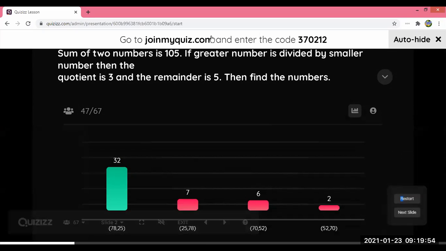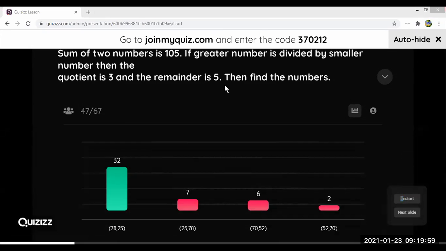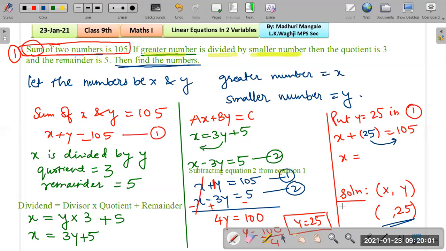That's great. Wonderful, students. And let's see what was the correct answer to this. For those who were not able to get it, just check. 25 is in addition over here. We shift this 25 to the other side. So that will be 105 minus 25. And that would be equal to, just a minute.